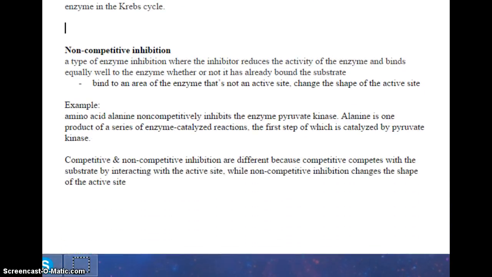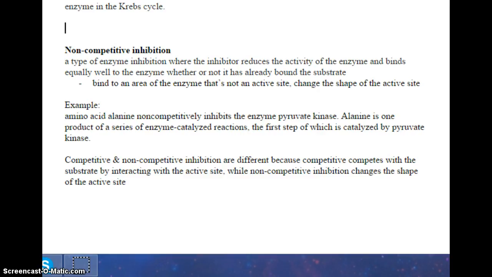And non-competitive inhibition is a type of enzyme inhibition where the inhibitor reduces the activity of the enzyme and it binds equally well to the enzyme whether or not it has already bound the substrate.